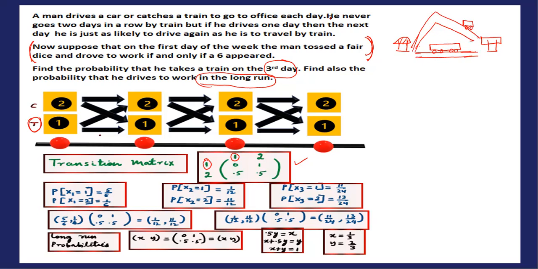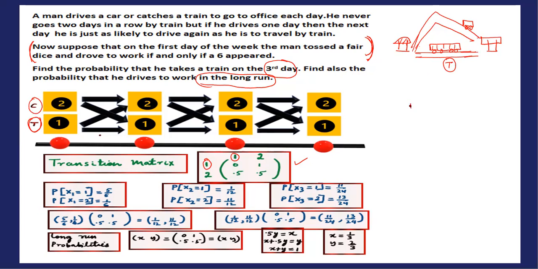Now what it says, he never goes 2 days in a row by train. Suppose he traveled today by train, then tomorrow he will not go by train. 100%. So we have taken 1 for train, 2 for car. So train to train, today train, tomorrow train, that will not happen.